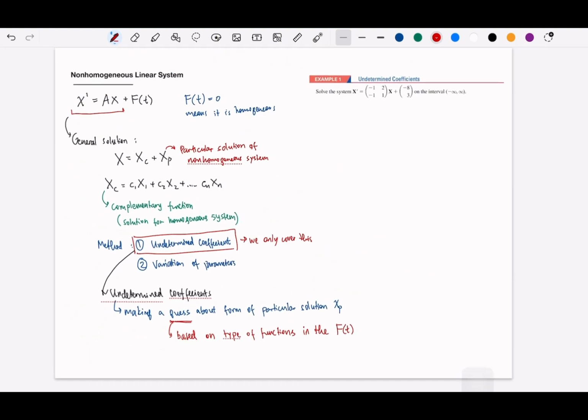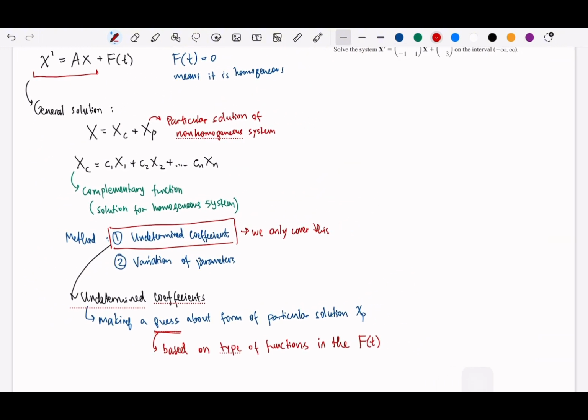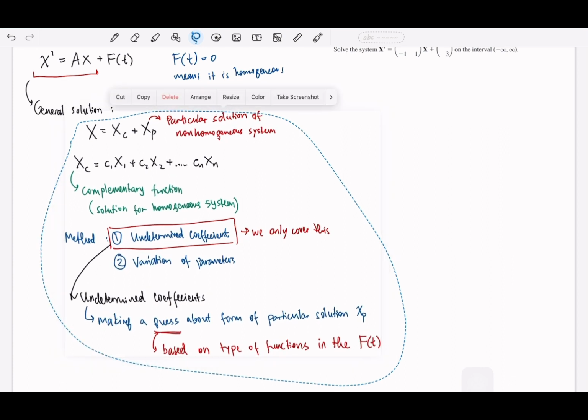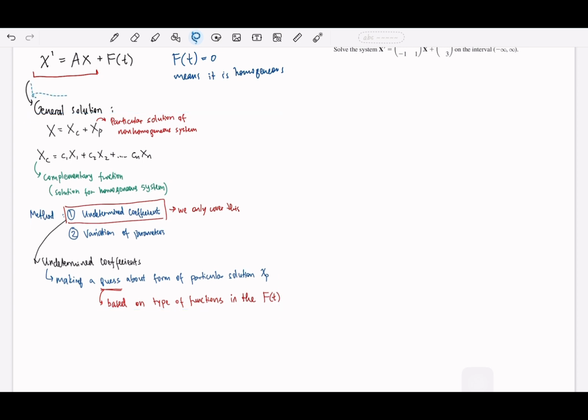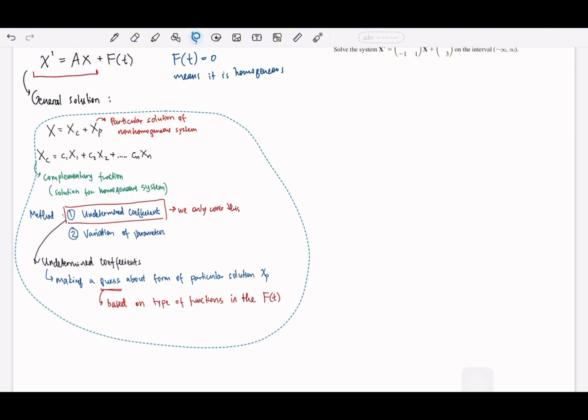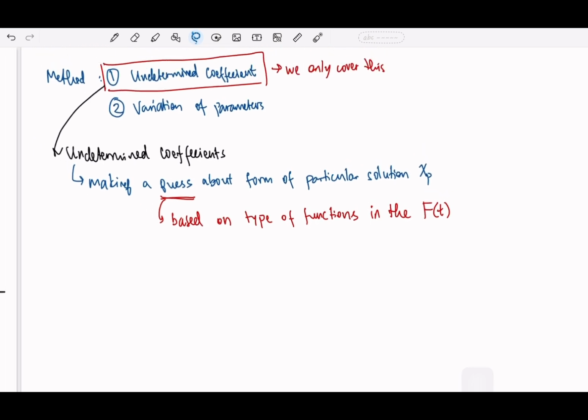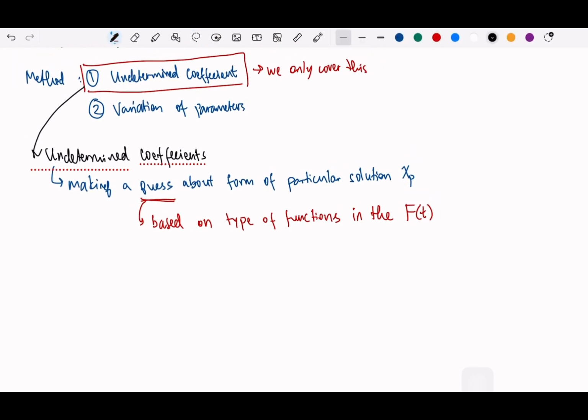So we are going to have x prime equals Ax plus f of t, and here the matrix A will be constant, right?